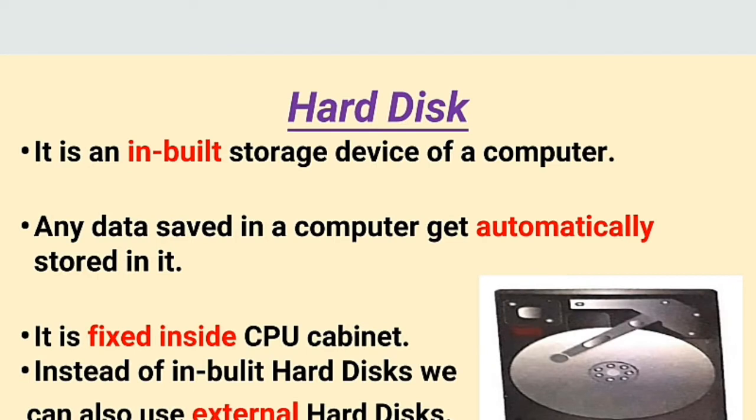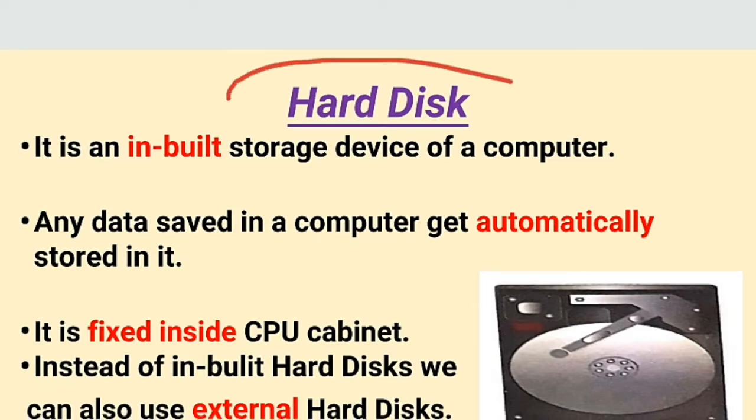Our first storage device is hard disk. This is a picture of a hard disk. It is an inbuilt storage device of a computer. Now, what is the meaning of inbuilt?